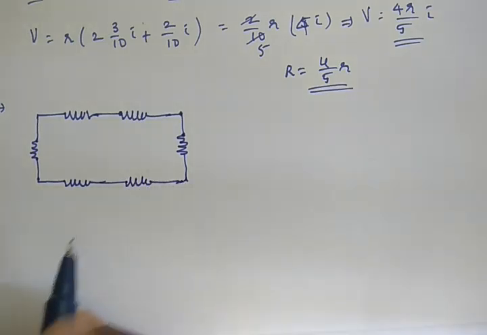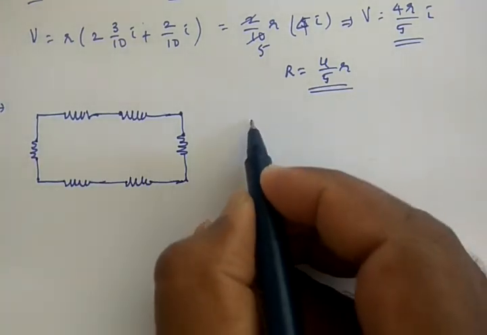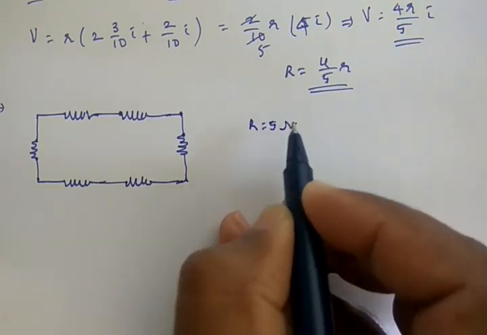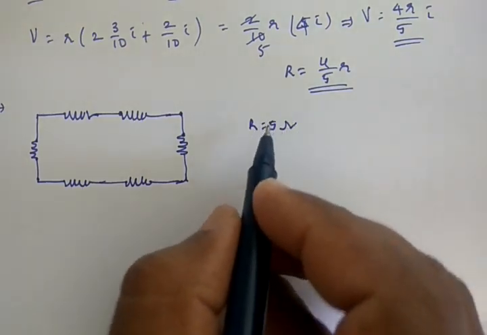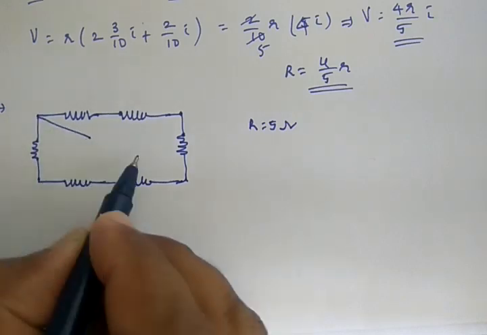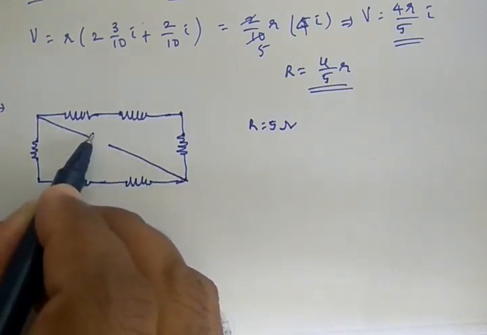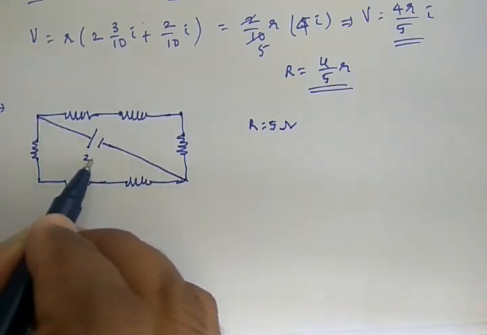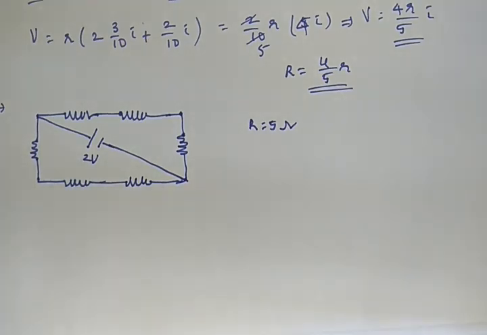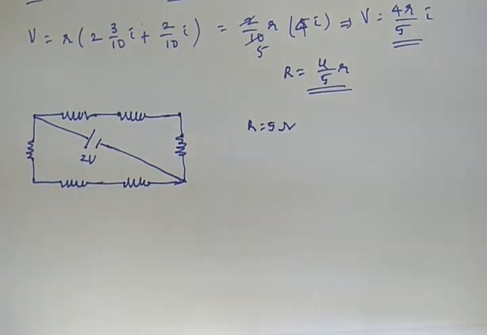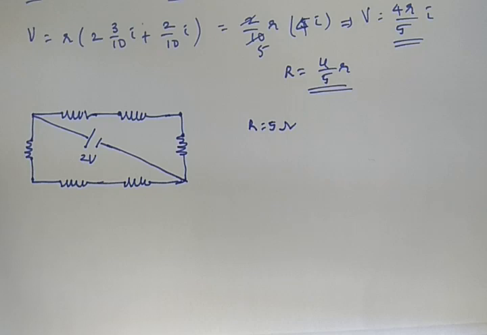So the resistance of each resistor is 5 ohm. Now I am connecting a battery of EMF 2 volt like this. This is a 2 volt battery. Now we need to find the voltage across A and B.